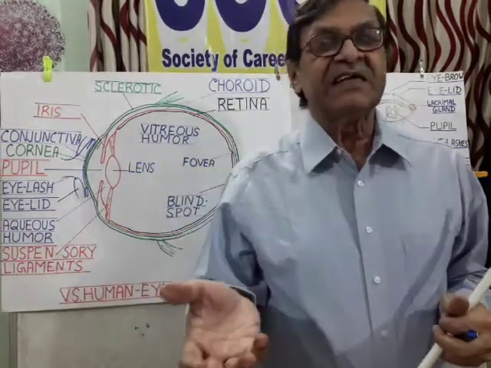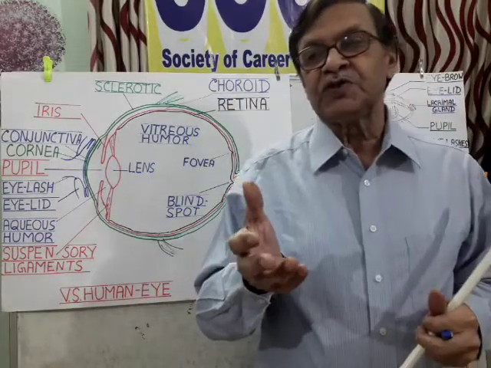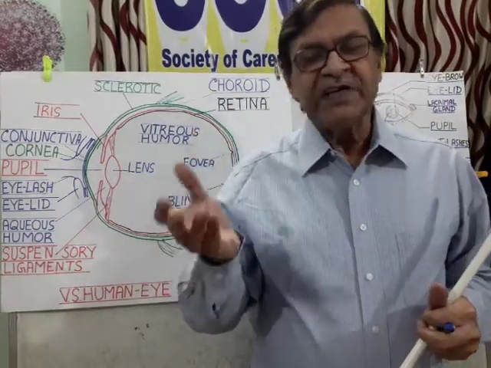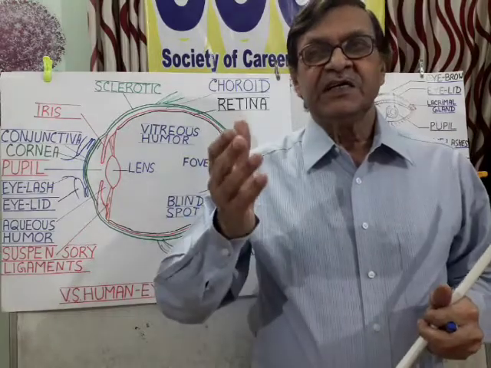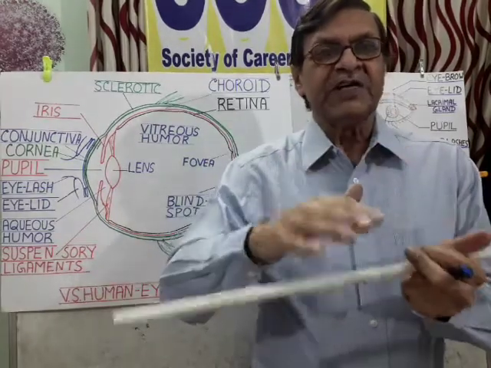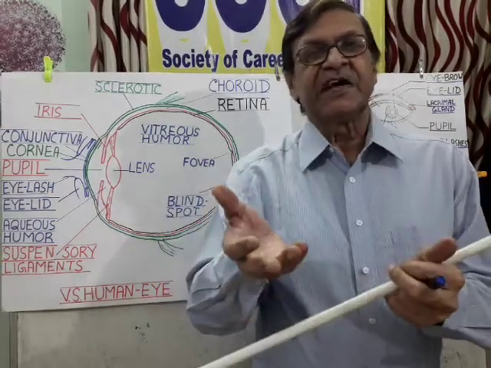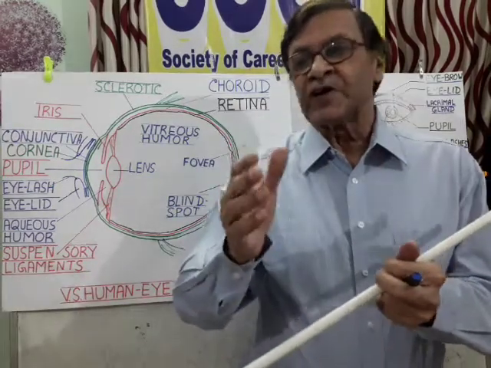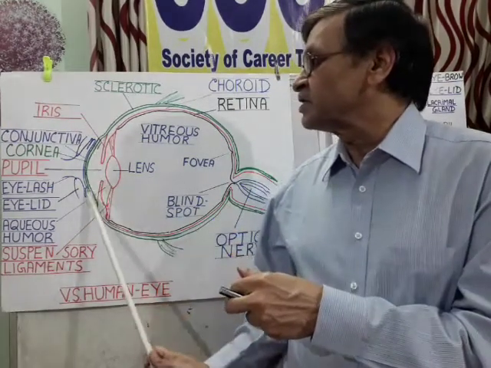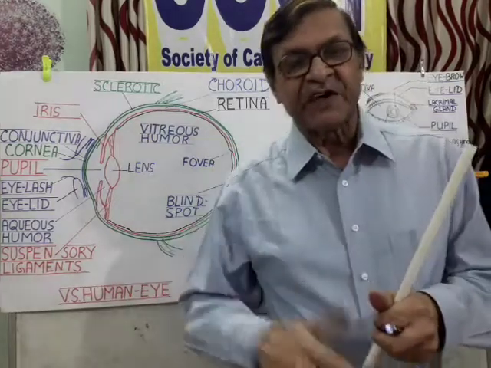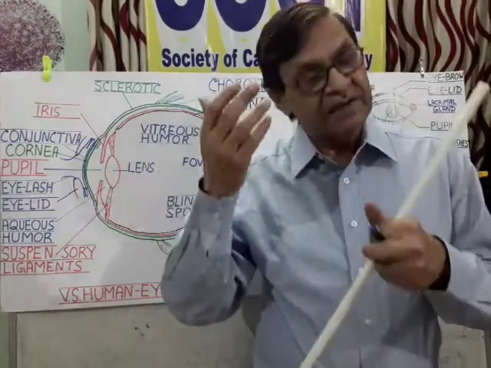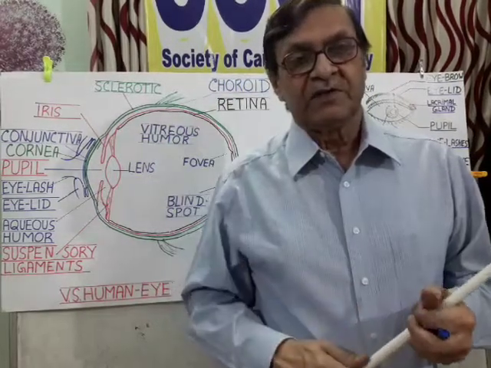If any person dies, his cornea can be used up to 40 hours. If kept in a suitable cold medium, it remains viable, and it can be used for transplanting a patient whose cornea has become defective, and that person can regain vision.